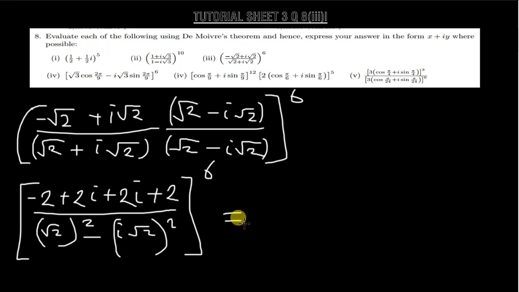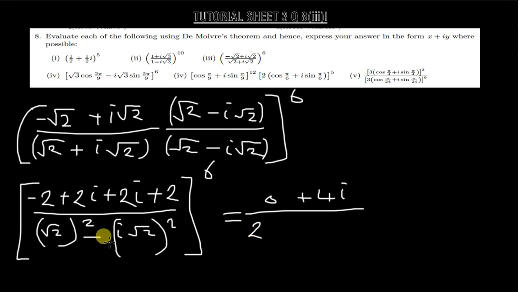So there you can proceed by saying negative root 2 plus root 2, you get a 0 as your real part, and then you have root 2 i plus root 2 i, also not root but 2i plus 2i, you get 4i, and then you divide everything by 2 root 2 squared, you get your 2.